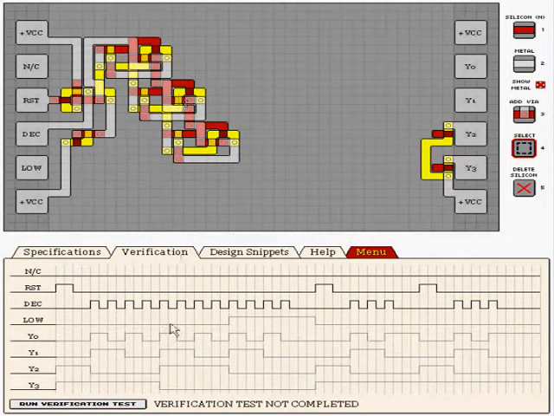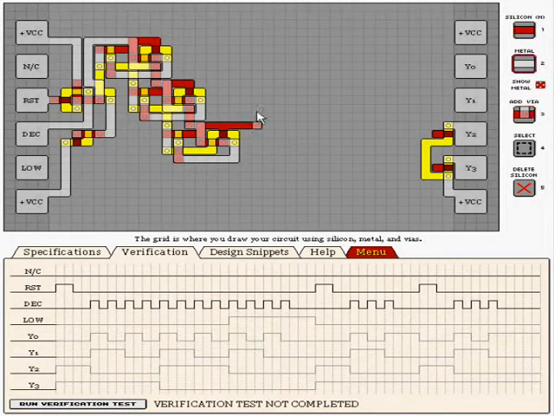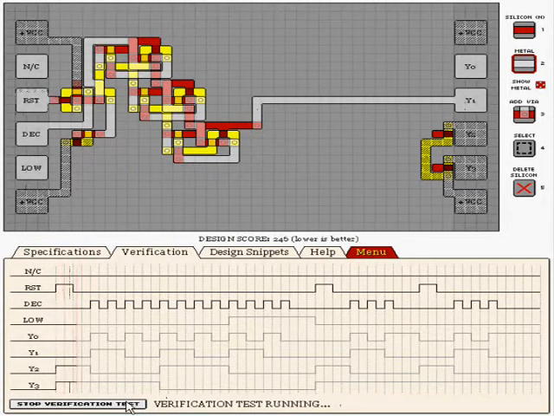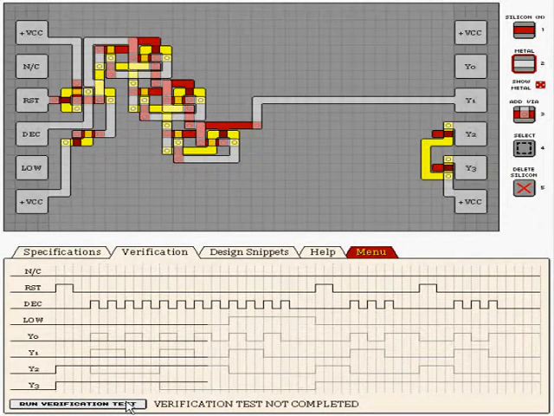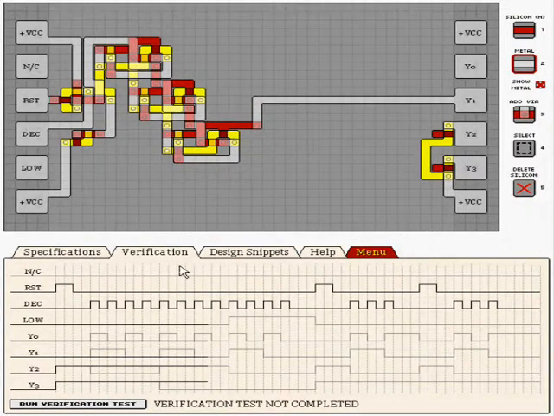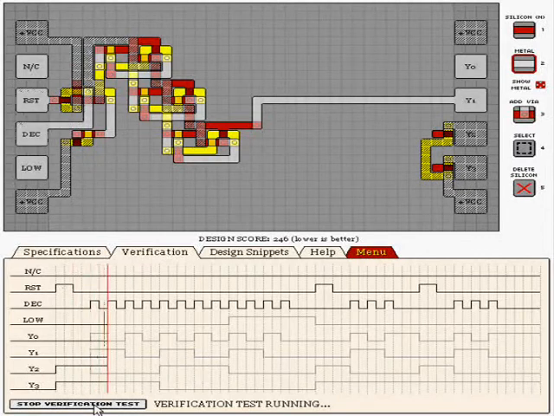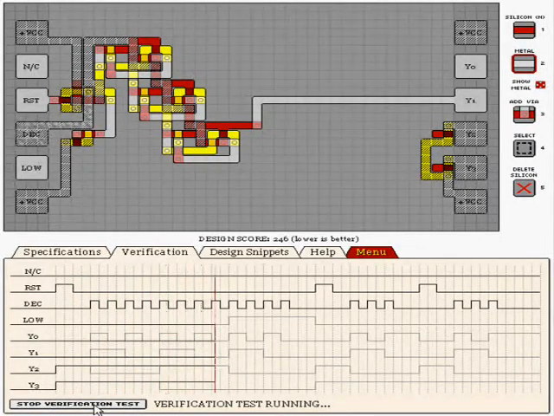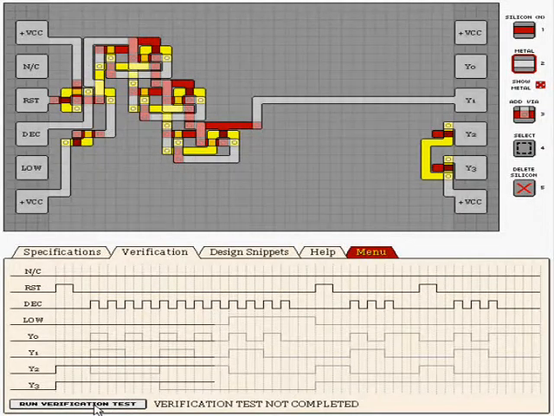So if we were to take that signal, for argument's sake, am I wiring something up wrong? Now's a good time to debug. Ah yes, I haven't attached that to decrement. That's why.